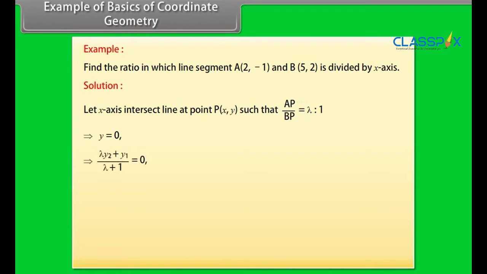It implies (lambda y2 plus y1) divided by (lambda plus 1) is equal to 0. It implies (2 lambda plus -1) by (lambda plus 1) is equal to 0. It implies lambda is equal to 1 by 2. It implies AP by BP is equal to 1 by 2 is to 1.